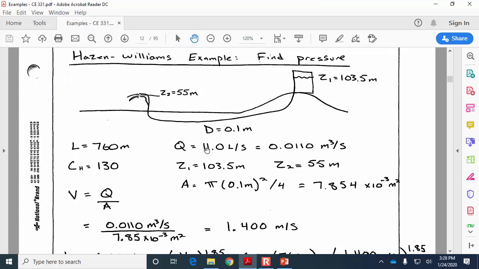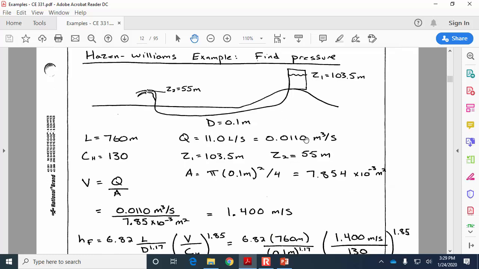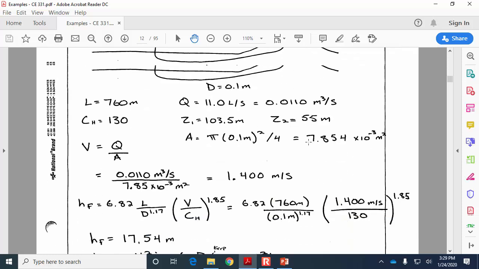All right, once we know the velocity, we can put it into the Hazen-Williams equation, which is estimating how much energy loss there is for that velocity. So the Hazen-Williams equation says there's going to be 17.54 meters of head loss. Remember, head loss is just a way of expressing energy with units of length.